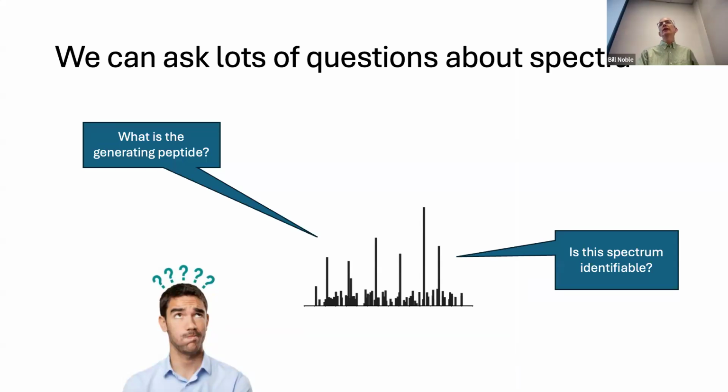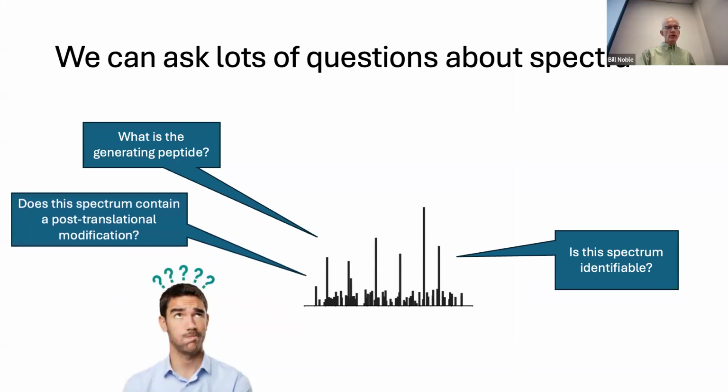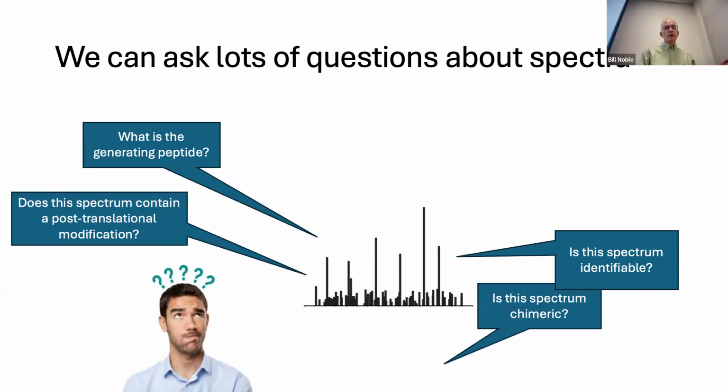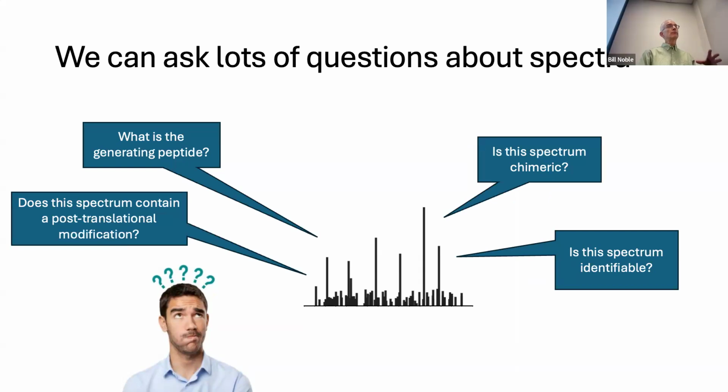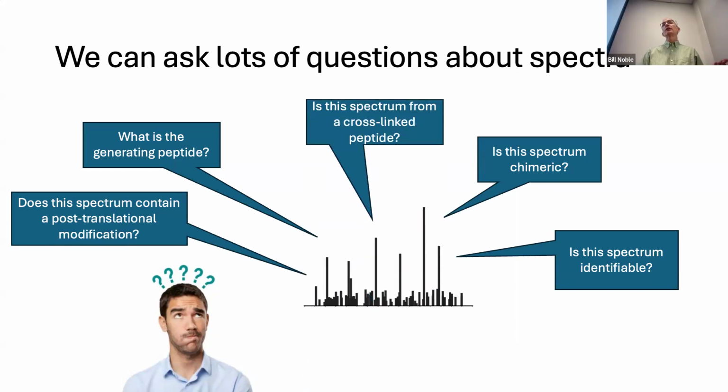So is it even going to be identifiable? Or does this spectrum contain a post-translational modification? Is the spectrum chimeric, meaning was it generated by more than one peptide or just a single peptide? Or is this from a cross-linked peptide? A lot of people use peptide cross-linking to understand protein complex structures.